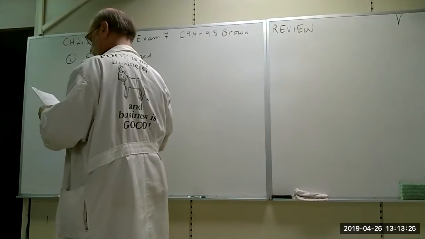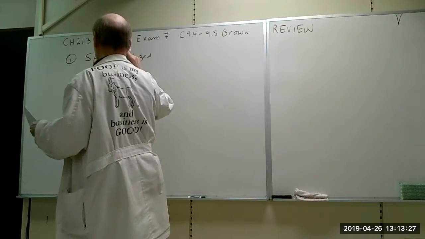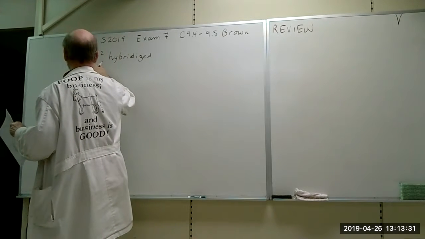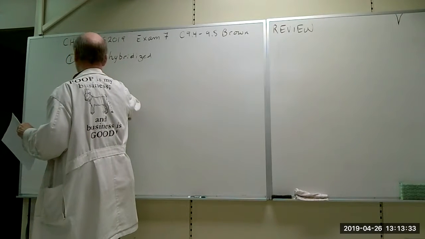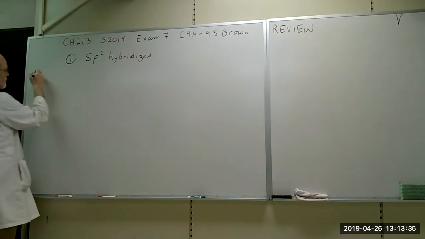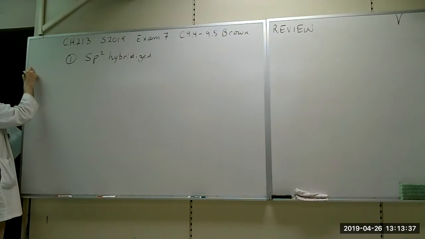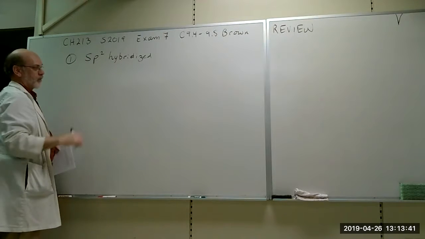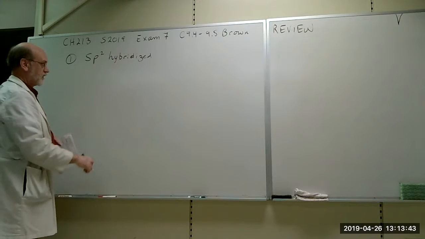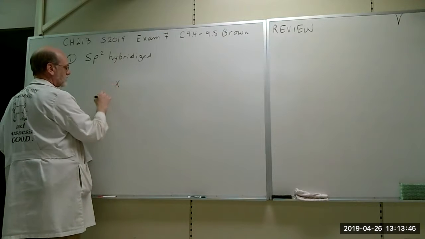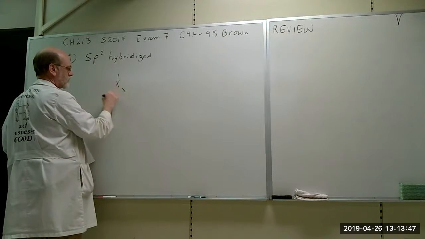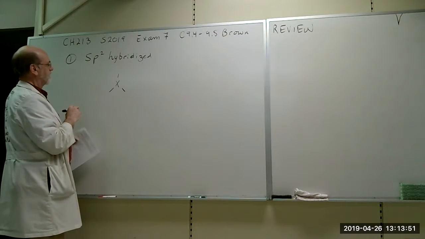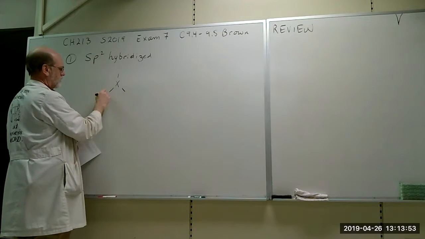Well, the question is to say, what does sp2 hybridization mean? Sp2 means there are 3 hybrid orbitals. So we're going to have something in the middle, and then we're going to have trigonal planar. I think 1, 2, 3.